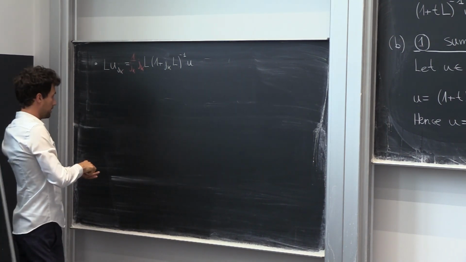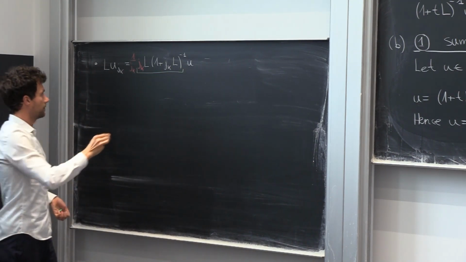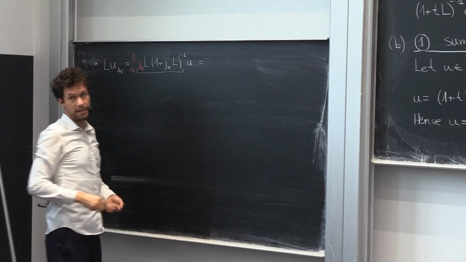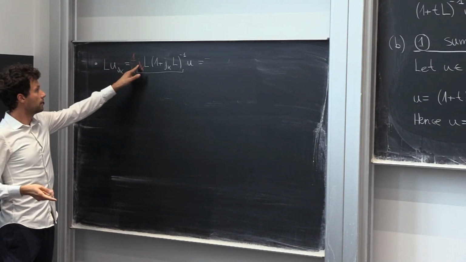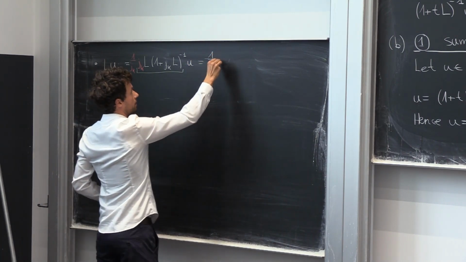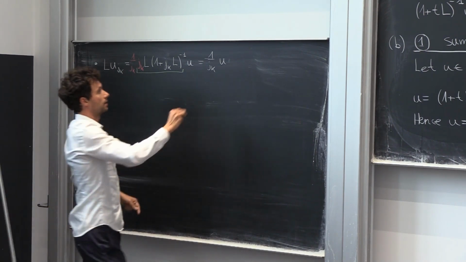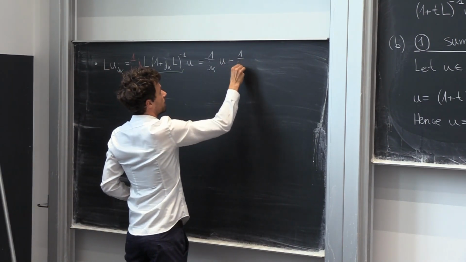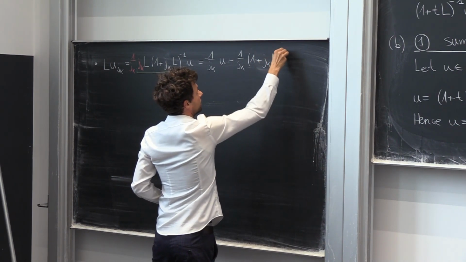And then these two guys here I'm going to put together and I'm adding plus and minus 1. If I add a plus 1, then I'm left with 1 over j_k times u, and if I do a minus 1, then I'm doing minus 1 over j_k times (1 plus j_k L) to the minus 1 of u.